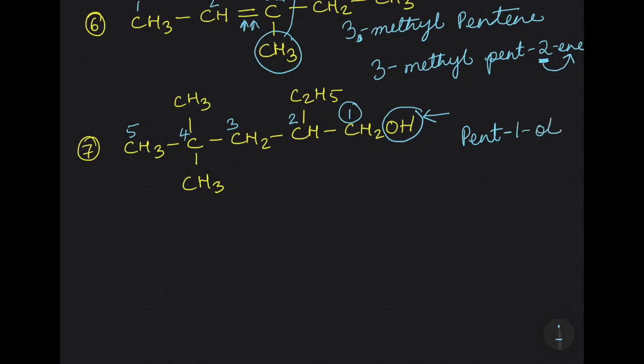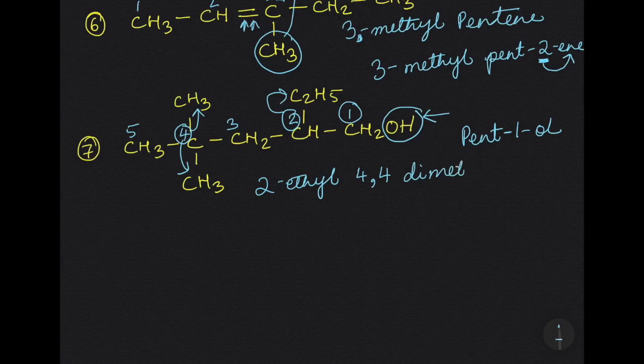Okay, and then apart from that we have 2 ethyl. Okay, and the fourth carbon has 2 methyl groups. So in 4 only we have 4,4-dimethyl.